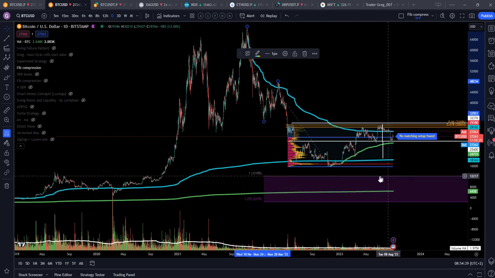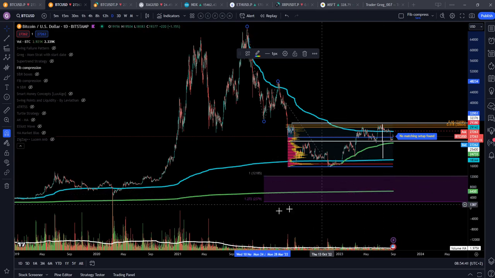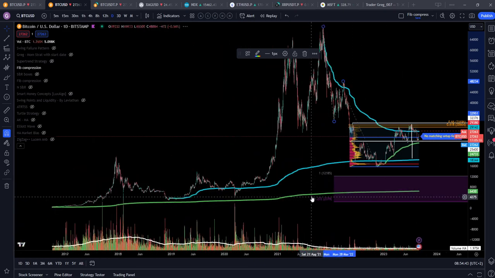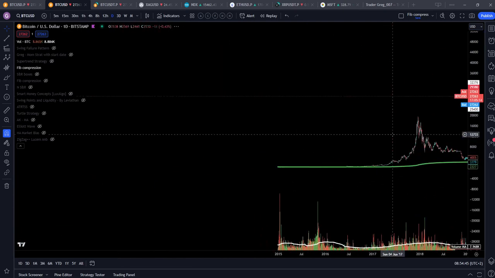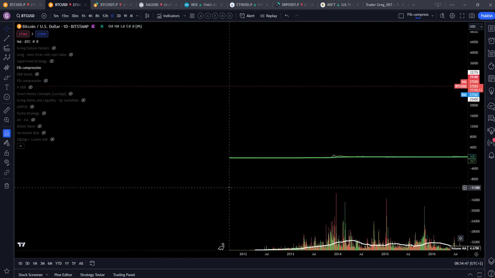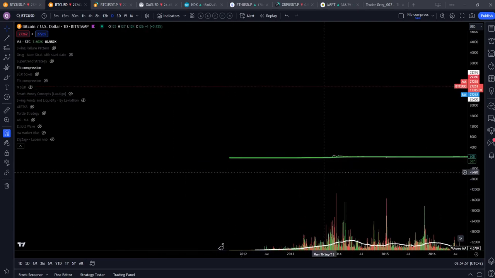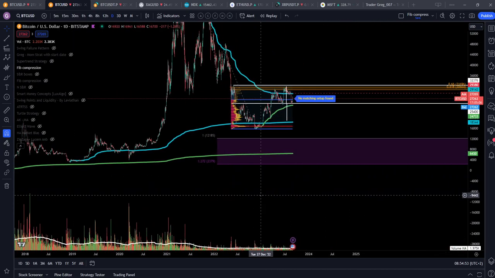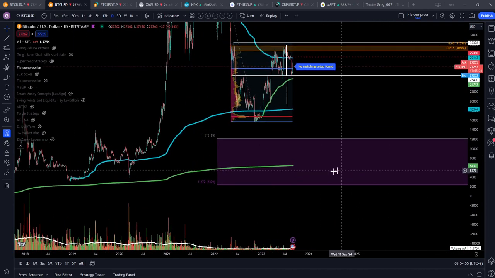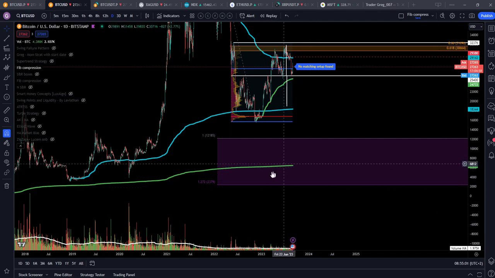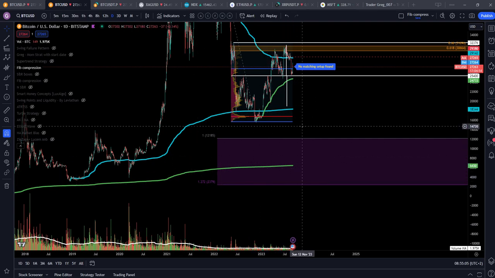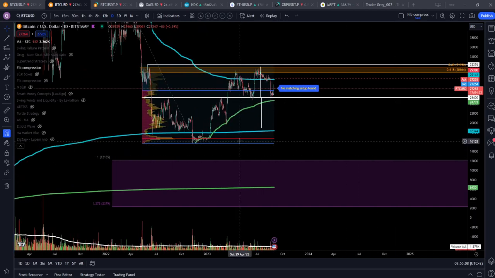So this would be this purple zone. And there we can see this green line going through it, and that's the volume weighted average price from the very beginning, so from September 2011. So that can very well be as well the next target. So that would be, let's call it 6,500. So those are the two levels that I'm watching.